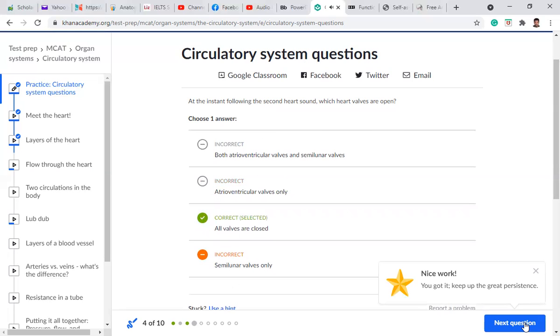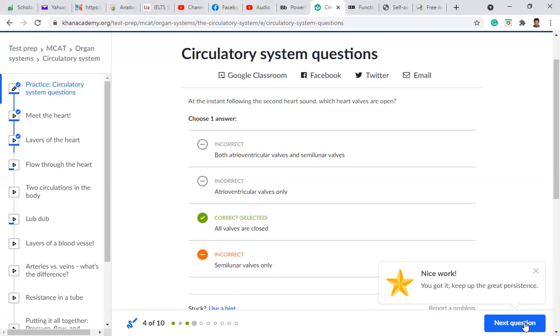So all the valves should be closed at the time you hear the second heart sound. I repeat, at the time you hear the second heart sound, all the valves should be closed. Why? Because the sound that you heard, the lub-dub sound, is the closure of the valve.